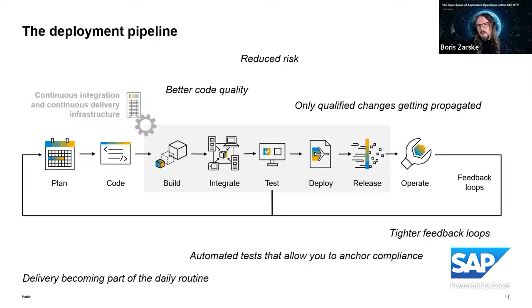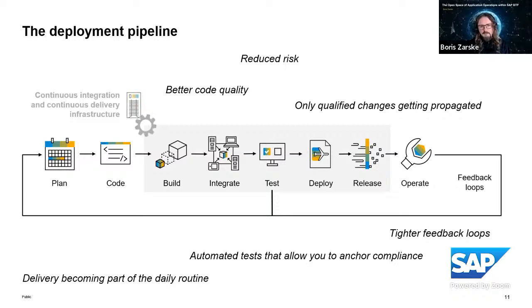So that's all something you can foster as part of this automated process as well. And in the end, delivery becomes part of the daily routine. So far, that's common sense, I would say. That's part of the overall agile approach of modern development, and that's also what modern talents bring from universities, right? If you want to bring new talents into your teams, it's of course also important that you can say, yeah, we also apply those modern principles.